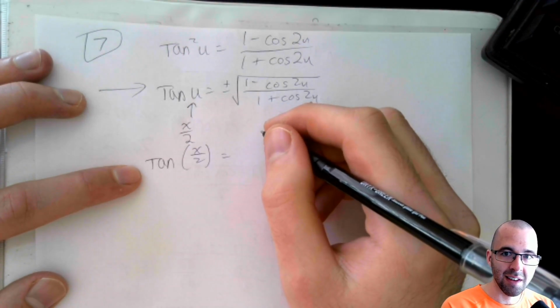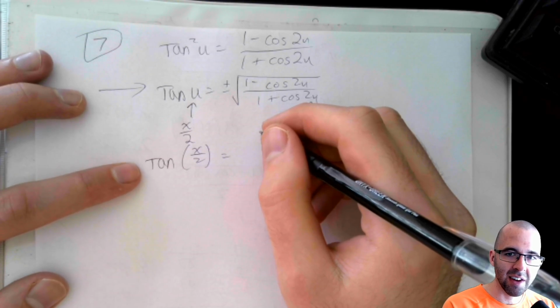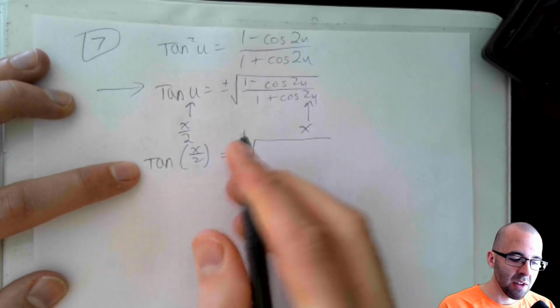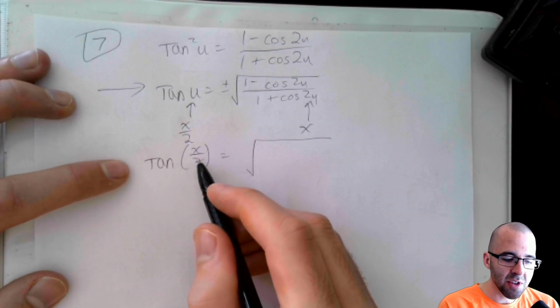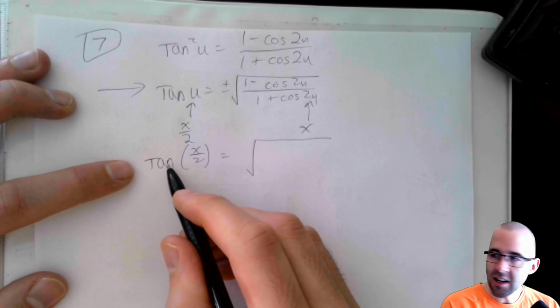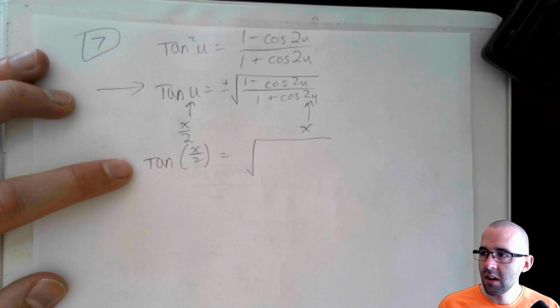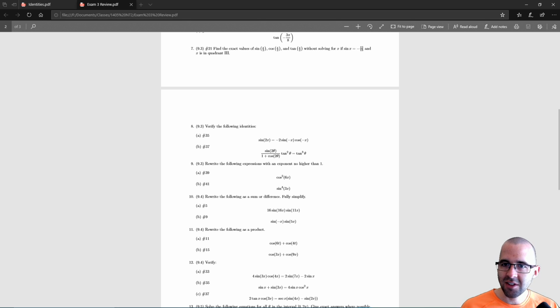That's important. We need to know what sign. What quadrant is x over 2 in? Is tangent positive or negative there? Think negative? Let's look at it.